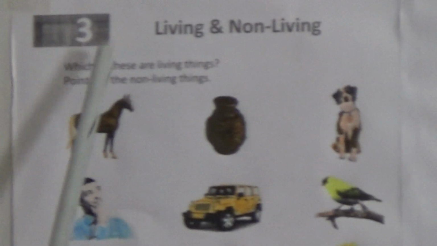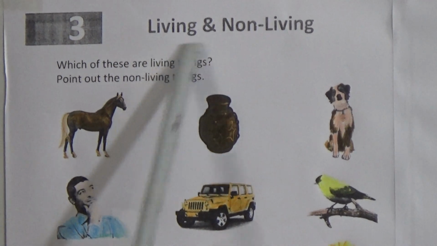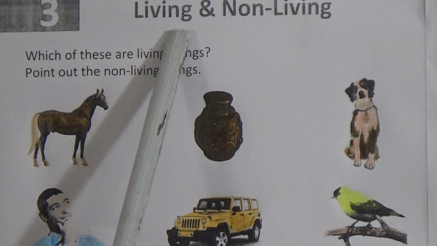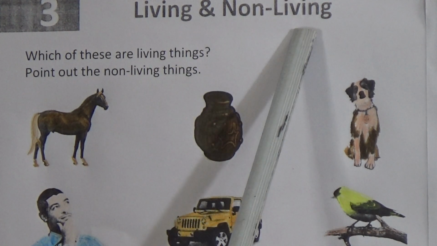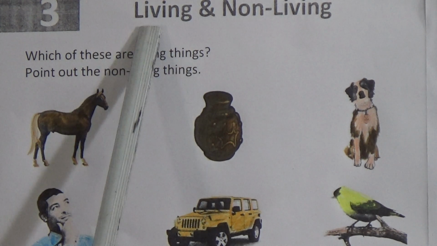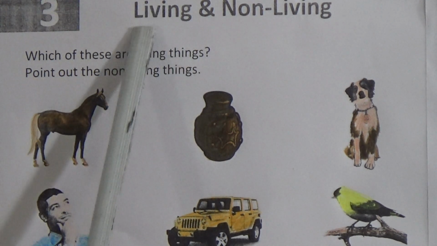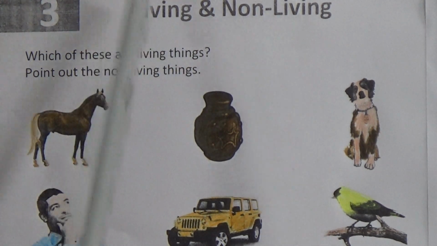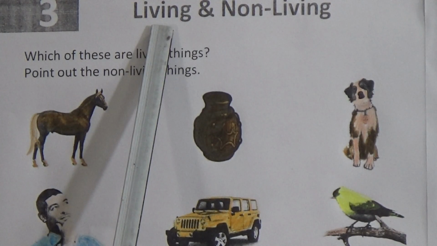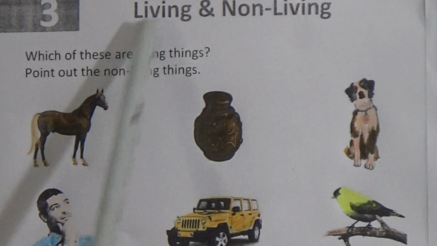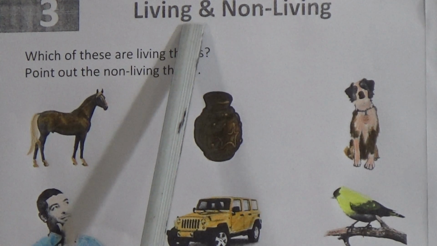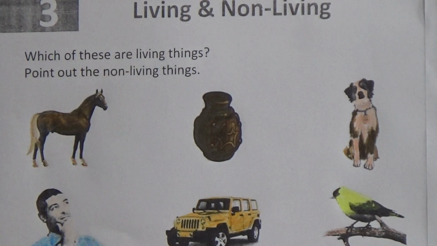Students, we can see the name of this chapter is living and non-living. At first, we have to know what is living and what is non-living. Living things can take breath, and living things can grow, and living things can take food, and living things also give birth to babies like themselves.